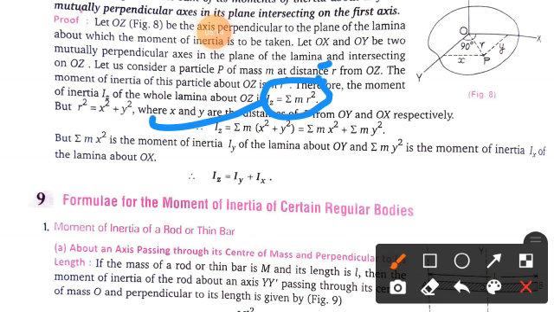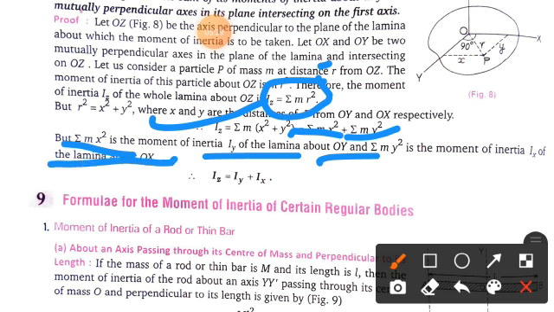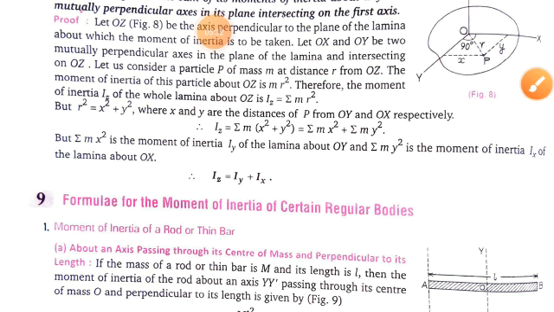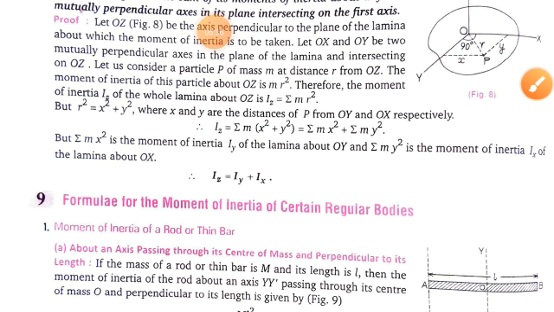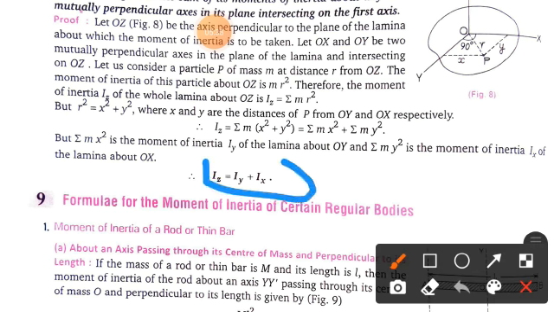Summation of m x square is the moment of inertia Iy of the lamina about OY, and summation of m y square is the moment of inertia Ix of the lamina about OX. So finally, combining both, we get the moment of inertia about the z axis: Iz equals Iy plus Ix. I hope it is clear.